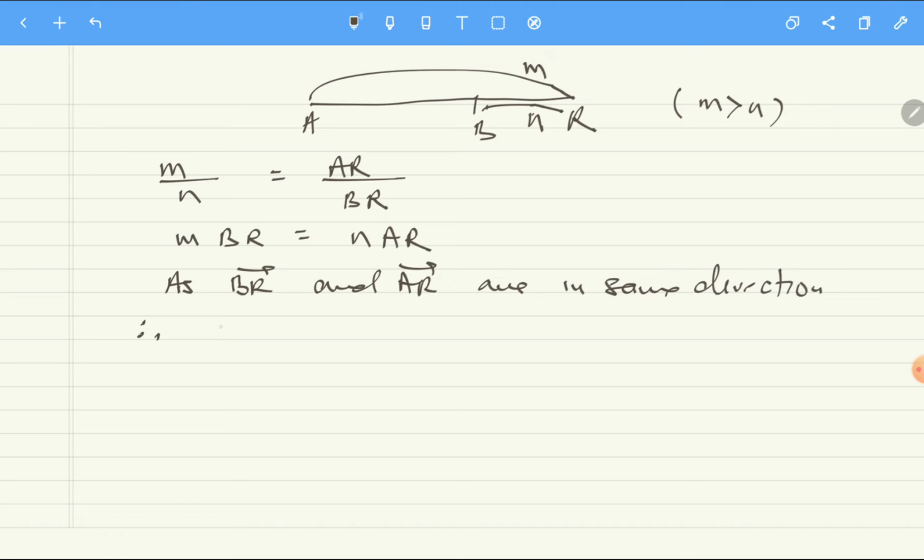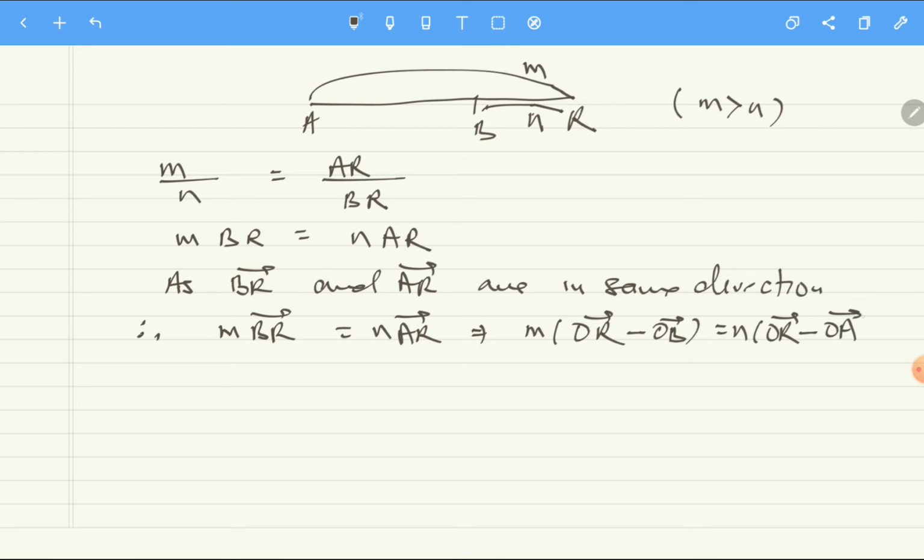Therefore m times BR vector is n times AR vector. So this implies m times position vector of second point R minus position vector of B is n times OR minus position vector of A, that is, position vector of second point minus position vector of first point. So we can simplify MOR minus MOB is NOR minus NOA.